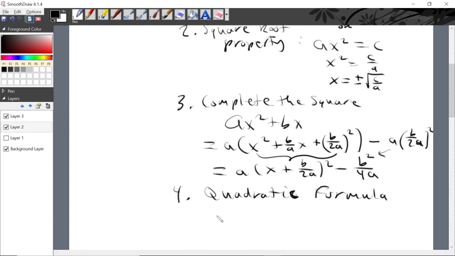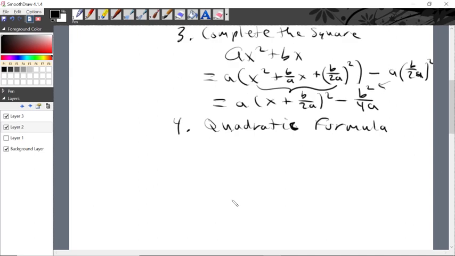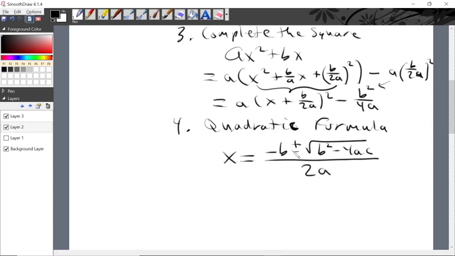Okay, the quadratic formula, a result of completing the square on the standard form quadratic equation, will look like x equals negative b plus or minus the square root of b squared minus 4ac, all over 2a.